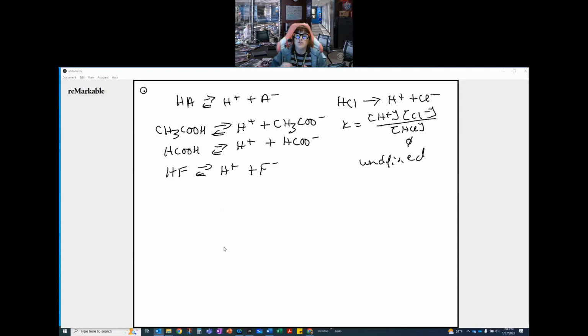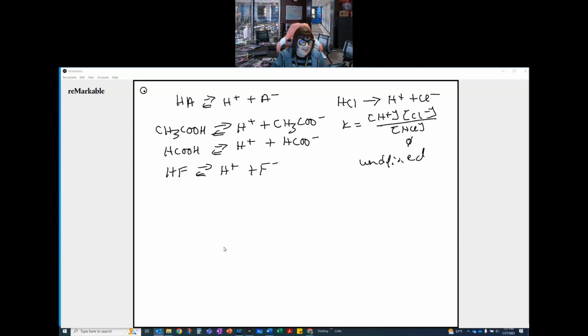So strong acids and strong bases do not have K values, and that's because there's none of that species left. All right, that equilibrium lies all the way over. So what you'll see there is that there's only one arrow, and it's only going in the right-hand direction towards products. And so that's what that means.